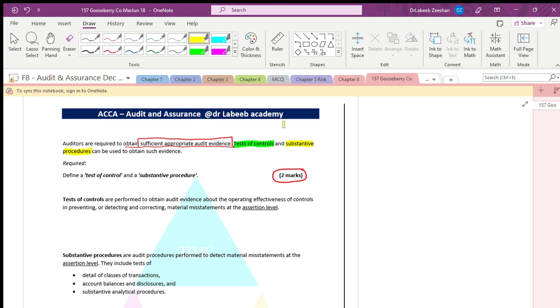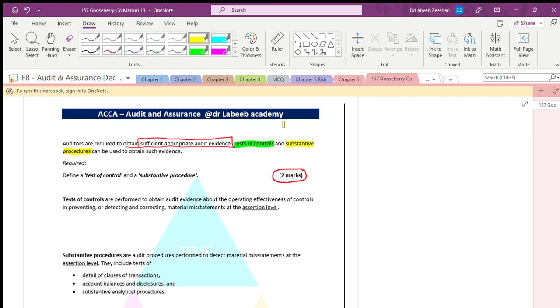Test of controls: we will have controls, we have to test whether those controls are effective or not. And subsequently, we are talking about substantive procedure. Most of the students will have a little bit of doubt about how best we can differentiate it. We have to make a clear differentiation between these 2 concepts.